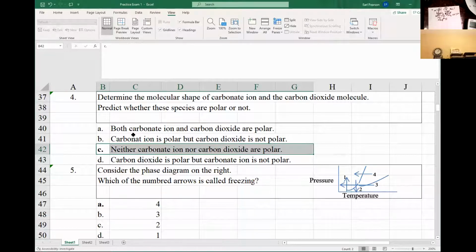And again, how could I change that? Well, it wouldn't matter. Whatever I give you, you can get the shape of it and you can determine whether the shape is a polar shape or not. And so if you had AX3, but if I had AX3E, then there's 4 things attached.